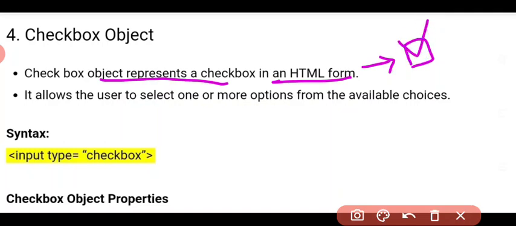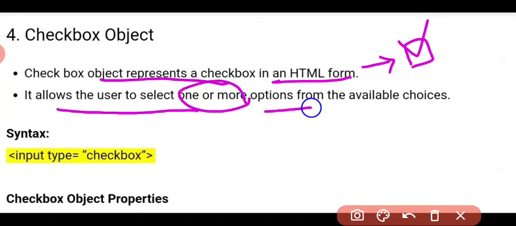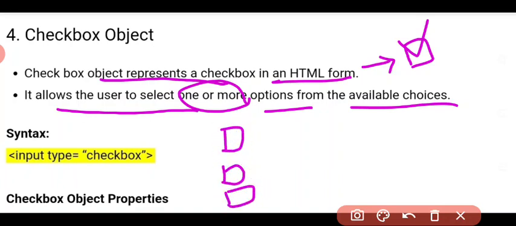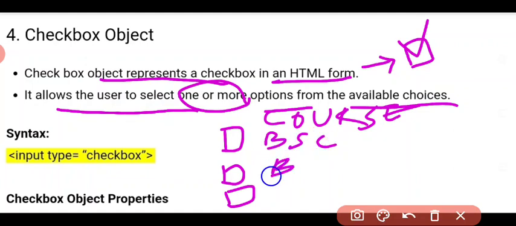We can use a right tick mark in the checkbox. It allows the user to select more than one option from the available options. So when we have multiple options, for example, a course with BSc, BJC and BCom.